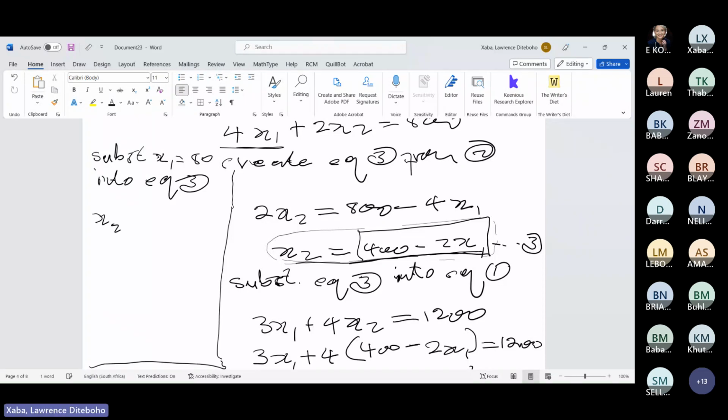Equation 3 is x2 equals 400 minus 2x1. Where we see x1, we put our 80: two times 80 is 160. What is the value of x2?